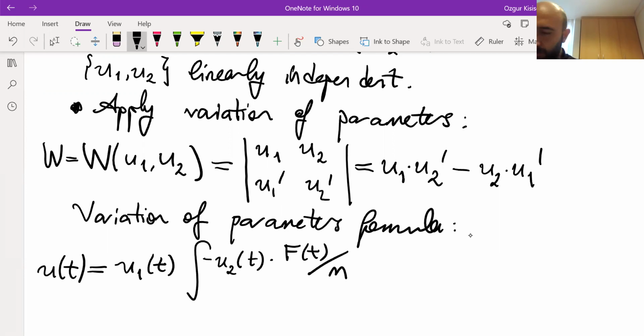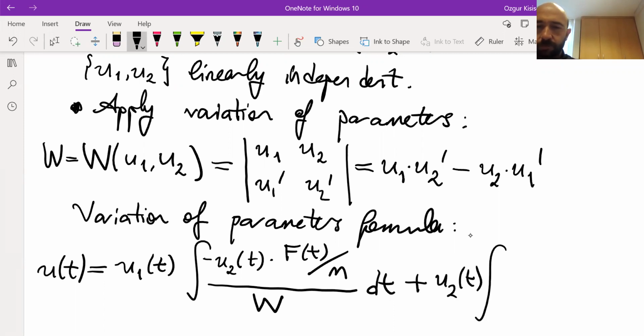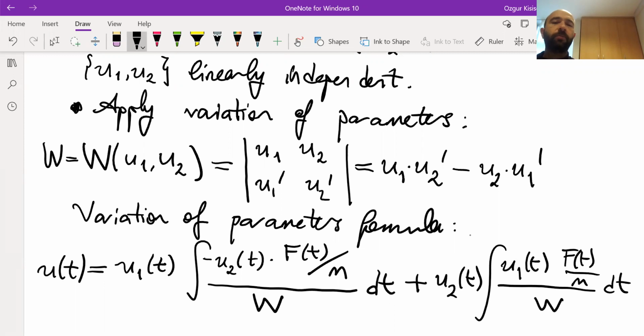I'll explain this divided by m in a minute. Divided by W dt, plus u2 times the integral of u1 of t times f of t over m divided by W dt.